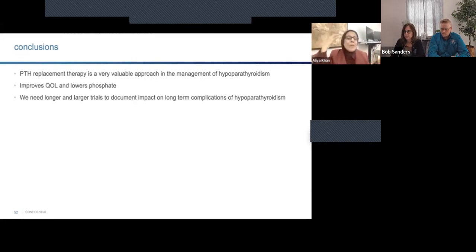What about the impact on cataracts? That was a question that was asked. Can we prevent cataracts by normalizing phosphate, by normalizing the calcium phosphate product, and by normalizing serum calcium? Can we prevent the basal ganglia calcification? Can we prevent kidney calcification? Can we prevent the decline in kidney function that happens with hypoparathyroidism?